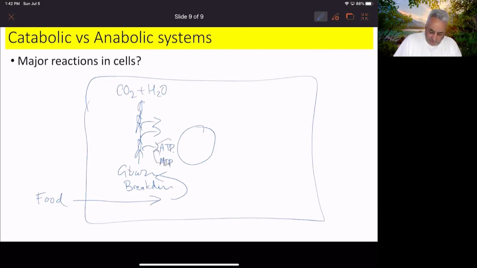right? So the energy is stored directly in the ATP, and that can be used by other parts of the cell. And some of these release protons and electrons, and those can be picked up by alternative types of energy carriers. And then they can deliver them to a destination. So this pathway here, the breaking down pathway, is called catabolic.